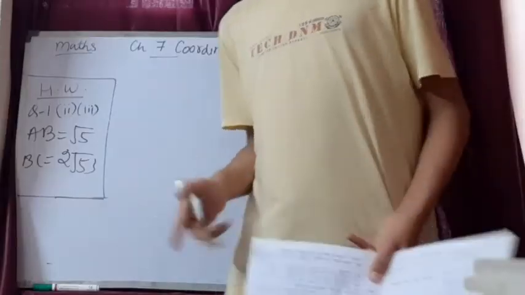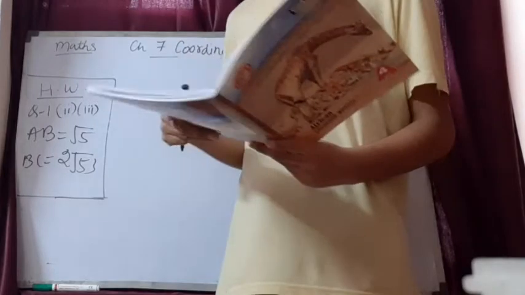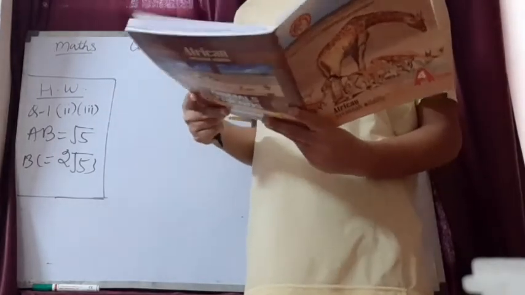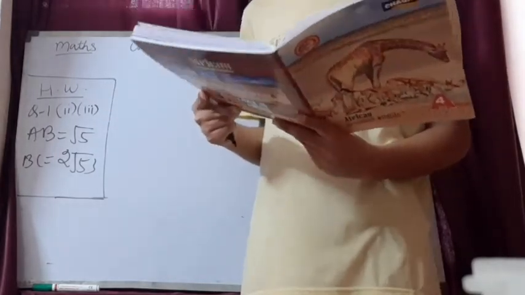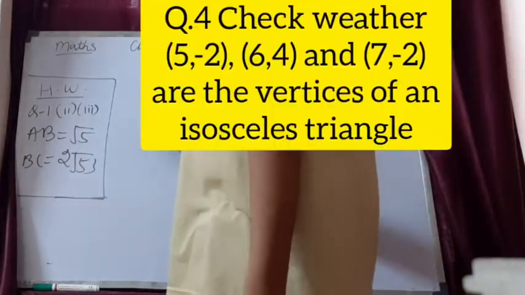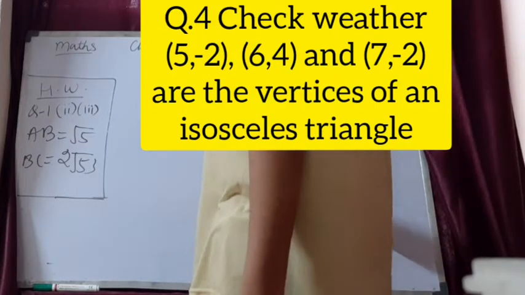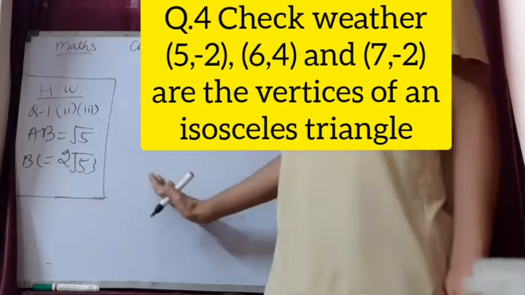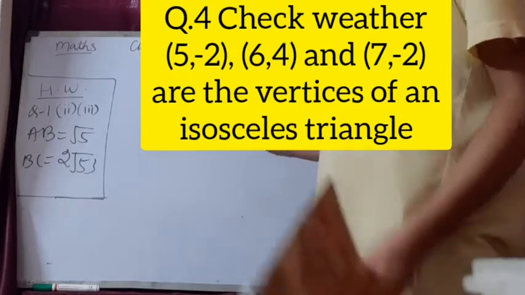Let's move to question number 4, which says, check whether 5 comma minus 2, 6 comma 4 and 7 comma minus 2 are the vertices of an isosceles triangle. It's looking like equilateral, but right now just assume it as isosceles.